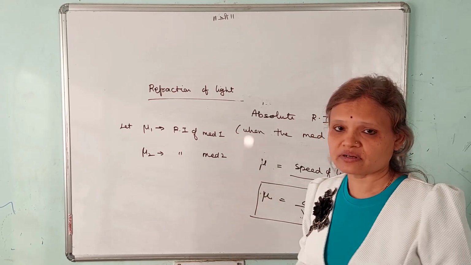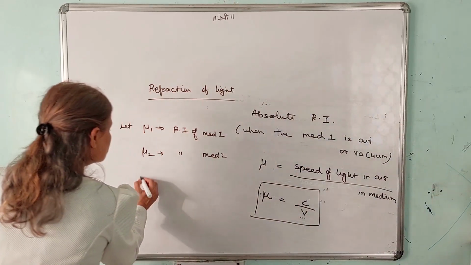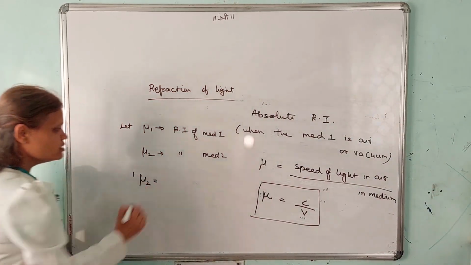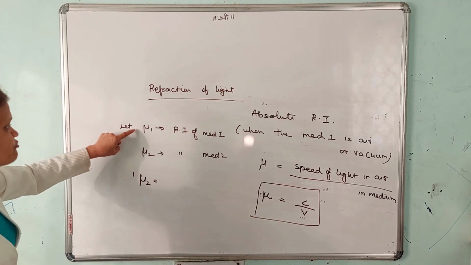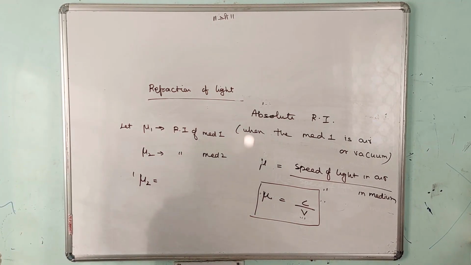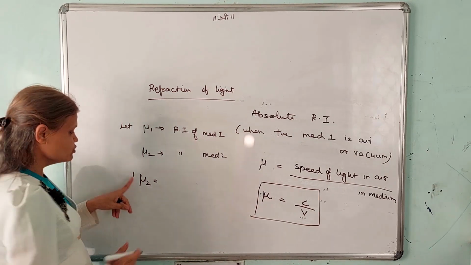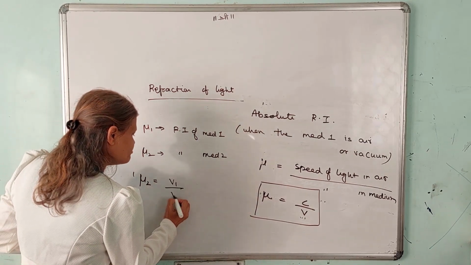Then we can write mu21 in terms of mu1 and mu2. Let us see what formula we get. Now we have already seen a formula, mu21 is equal to V1 by V2.